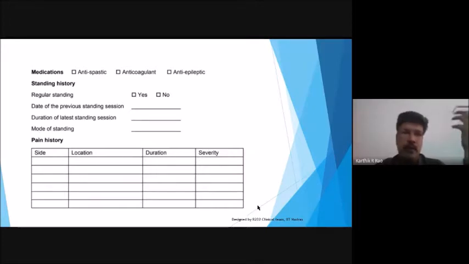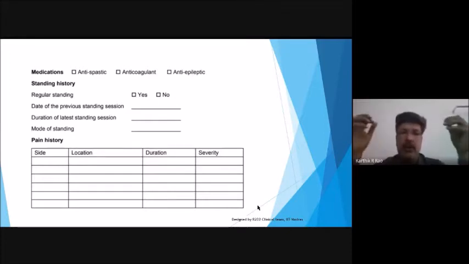Now, why do we want to know about the mode of standing? Sometimes people assume standing to be any upright posture. If a person is being held by two people on both sides, or is just clinging onto a window or a grill, without actually putting any weight through the legs, it cannot be termed as standing. There has to be some amount of weight bearing through the limbs.